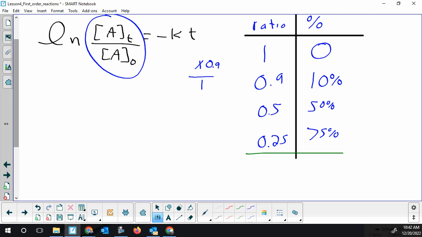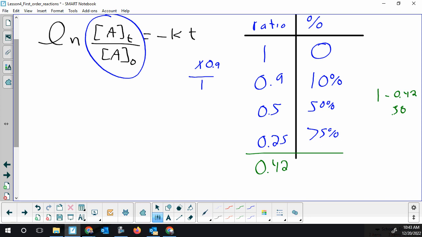Let's say you had a reaction ratio of 0.42. So the bigger that ratio is, the closer you are to the beginning. So we went from 1 all the way down to 0.5, and then a little bit further past the halfway mark. Or if we just think of 1 minus 0.42, that'd be 0.58.